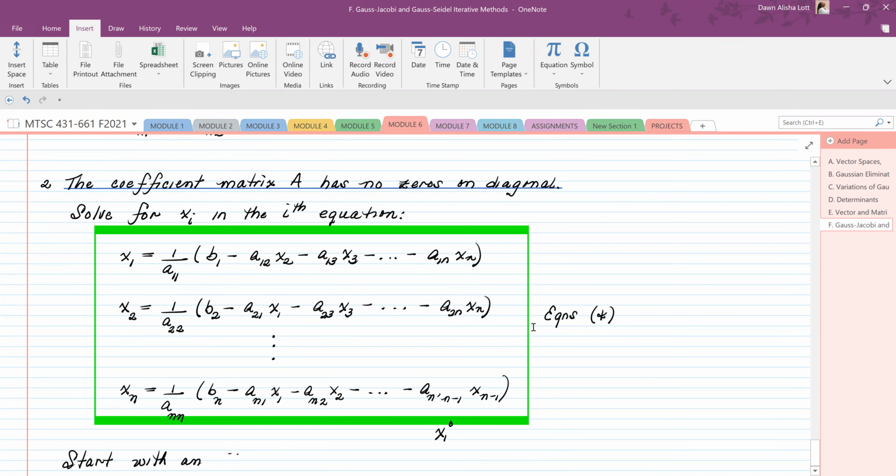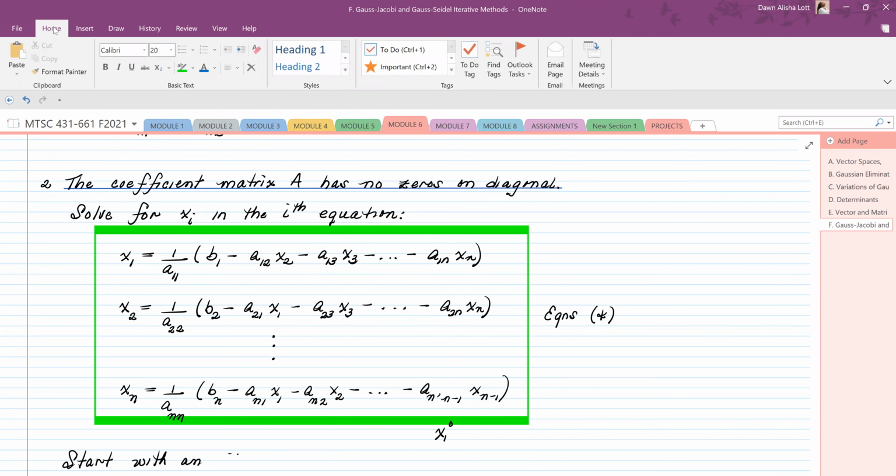So we are going to solve for xi in the ith equation, but we are not going to wait to solve for xi plus 1.